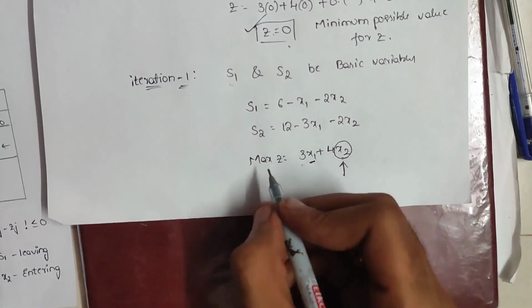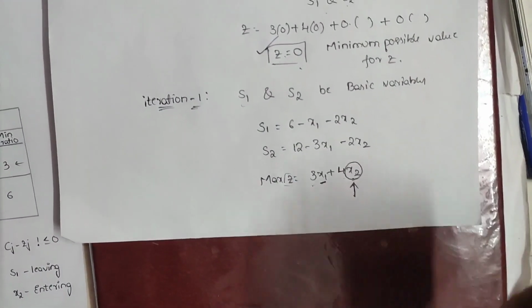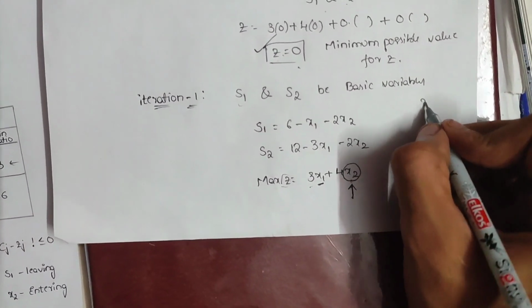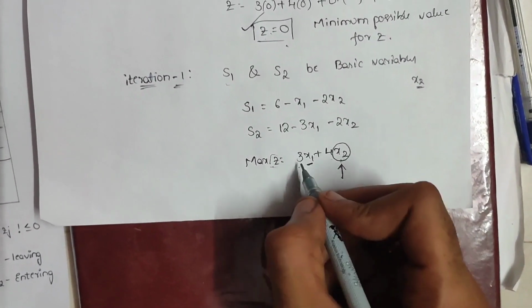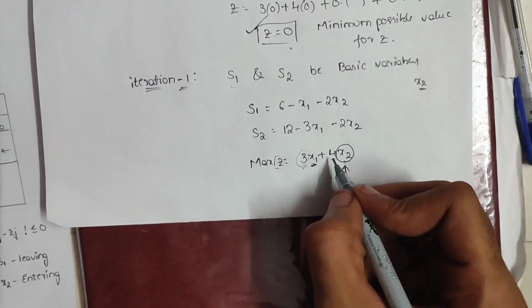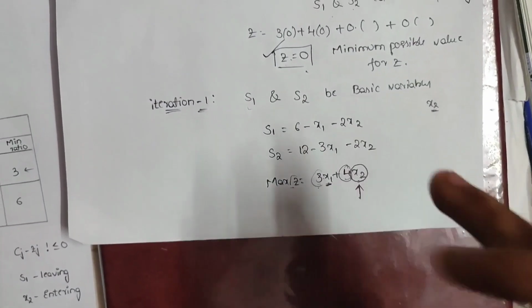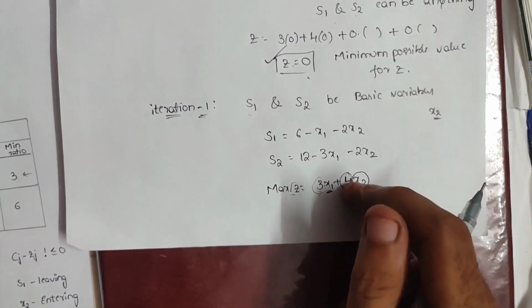So the rate at which z increases will be high based on x2. So let us try to maximize x2 first, because the rate at which z increases is 3 for x1 and 4 with respect to x2. So let us try to maximize the value of x2 from 0.